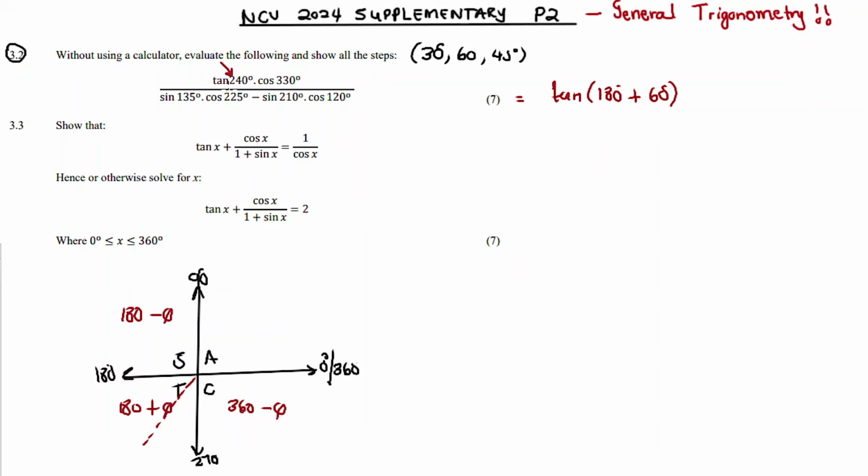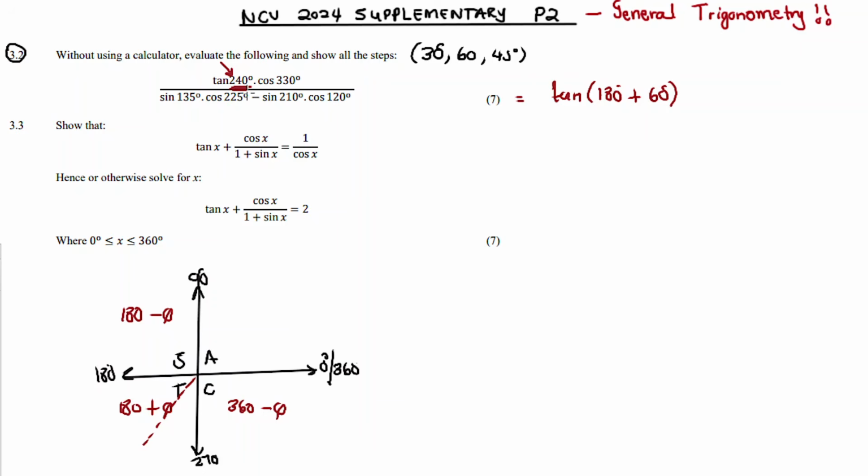You want to write the 240 as a reduction formula, so that when you work it out, it gives you the 240 back. So 180 plus 60, it's 240.